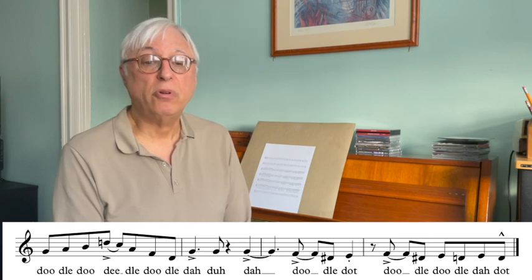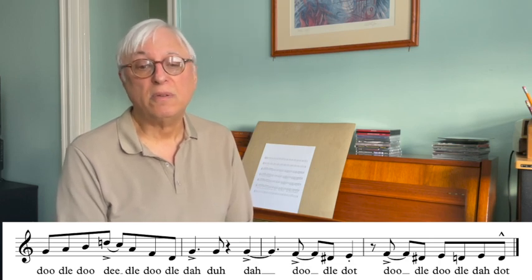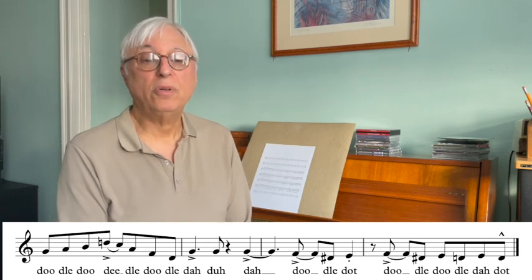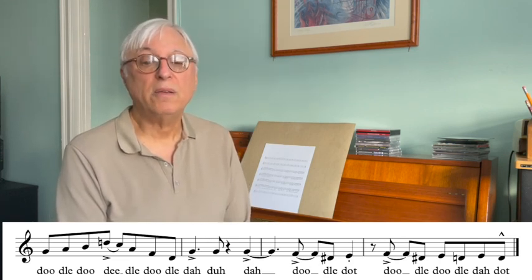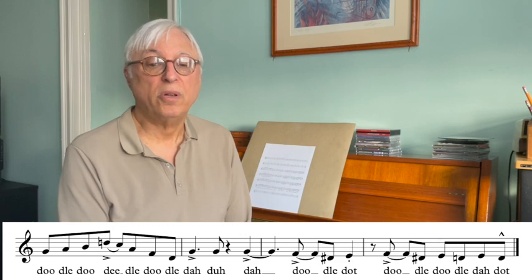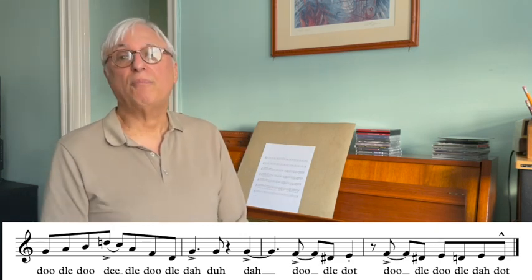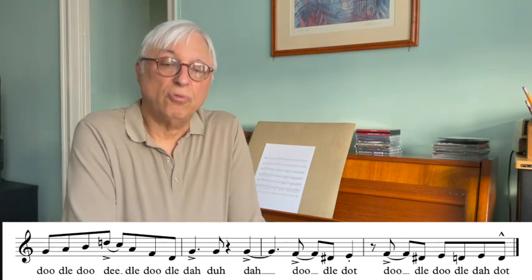But normally, when I'm playing a bebop line like this, I would doodle tongue it. If you listen to Clark Terry, Clifford Brown, players like that, they use doodle tonguing.